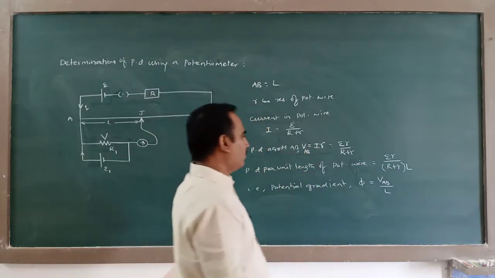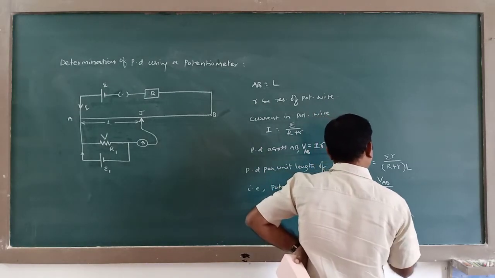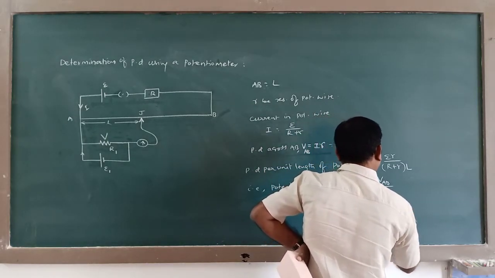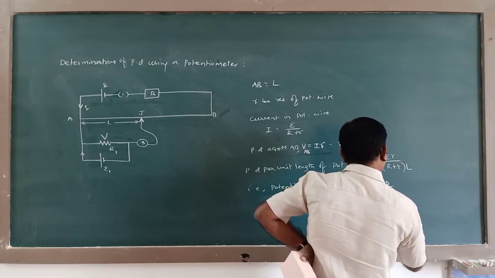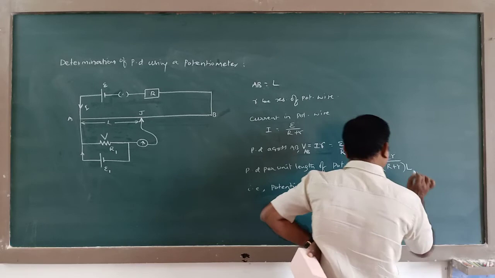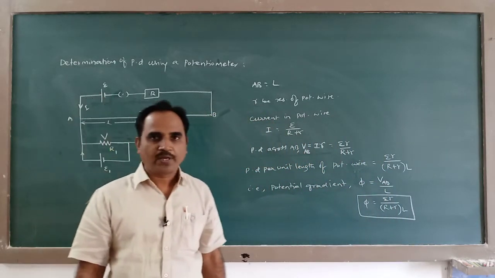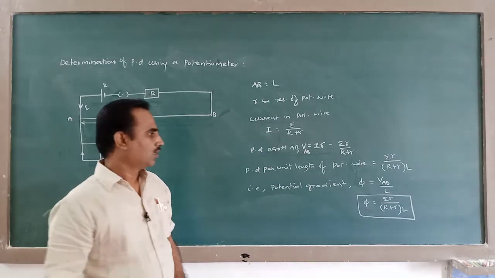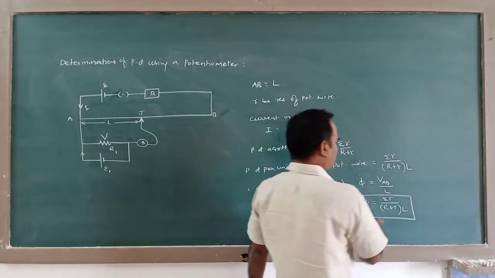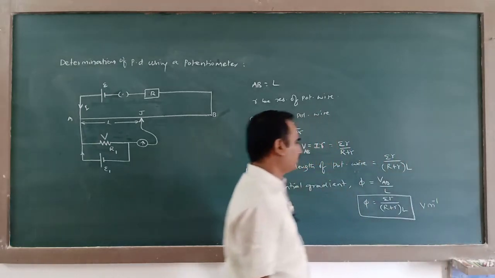So VAB divided by L. So this phi is equal to ER divided by R plus R into L. You remember this expression for the potential gradient. In solving numerical problems, you need to know this equation. So this is volt per meter, this is the unit.